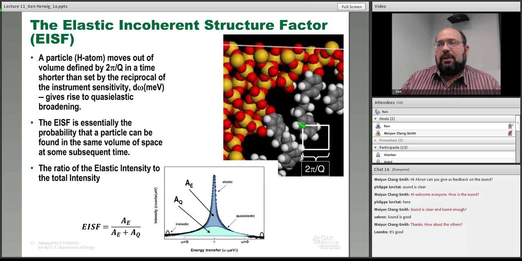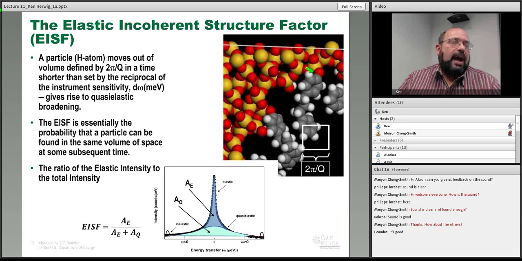Now, if the particle is actually free to diffuse, it's not tethered to this point, then the EISF will be 0. Because at infinite time, the particle will have moved away no matter how large a box you create. Right?